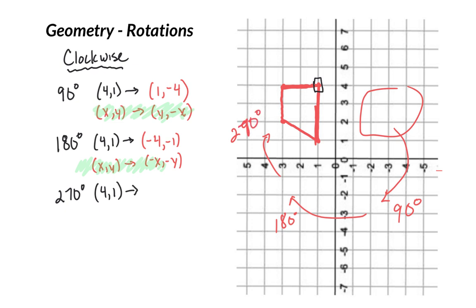Notice that point that originally started at 4, 1 is now back 1 and up 4. So it would be at negative 1, positive 4. So that means that x and y turned into negative y, x.